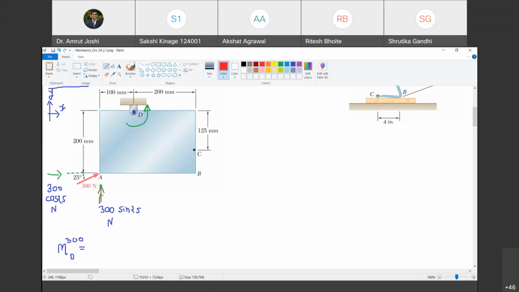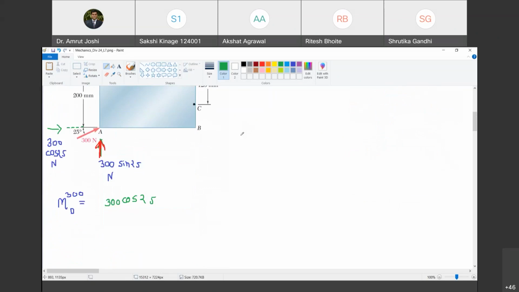Let us mark this force in red. So the Y component is marked in red and the X component is marked in green. What is the X component? 300 cos 25. And it is going to cause anti-clockwise movement at D. Are you with me? Yes, sir.